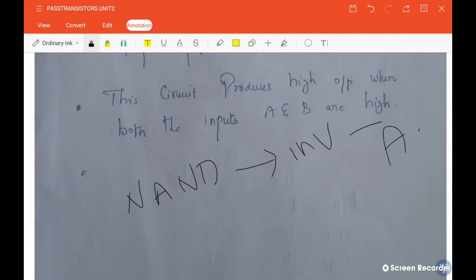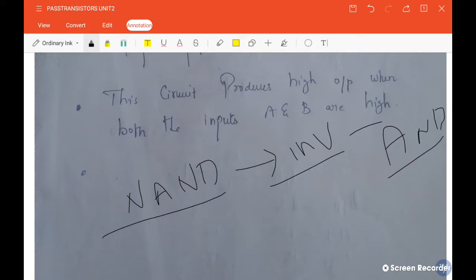So NAND is inverted to get the AND operation, because basically complementary CMOS logic provides only the complementary outputs, not the direct outputs. So if you want to get the direct functions, you have to invert it. Then only you will get the direct basic logical operations. So in that case, how many transistors will you require?